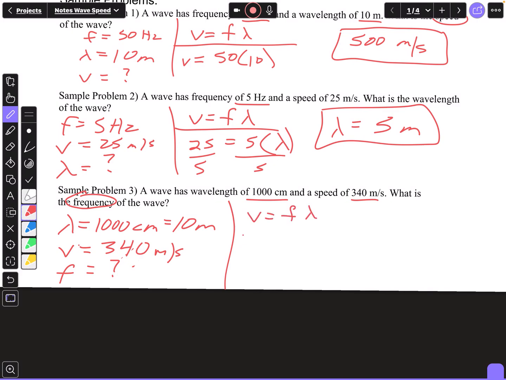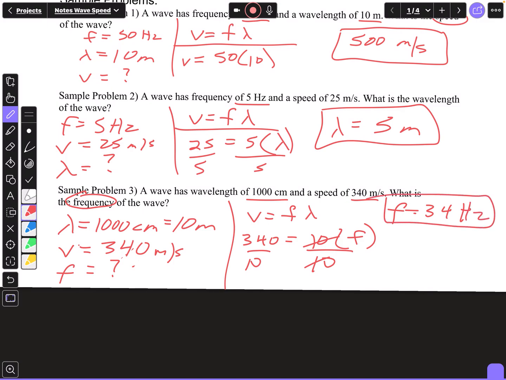Plug in, my velocity was 340. My frequency is my unknown, but my wavelength was 10. That's times my frequency. Divide both sides by 10 to get my frequency by itself. So frequency would be 340 divided by 10, which would give you 34. The units for frequency is hertz. So it's pretty simple problems using that simple equation right there.